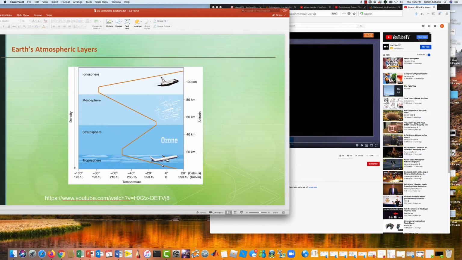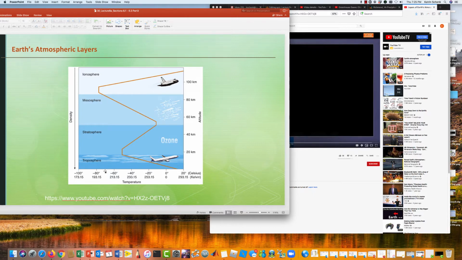And on this axis here is temperature, and this orange line shows you the temperature changes for each of these layers, and it's a weird jagged line. So in the troposphere, from the bottom to the top, we see a decrease in temperature. As we go this way, the temperature is decreasing, as you might expect, right?